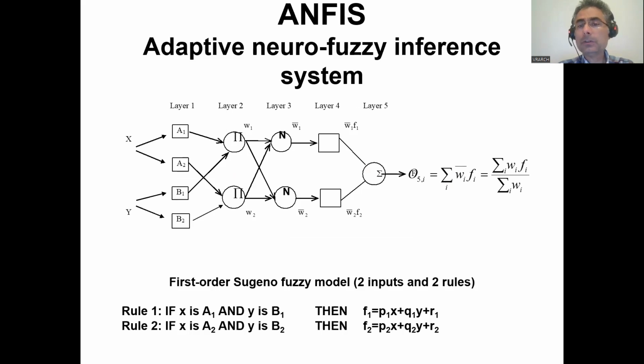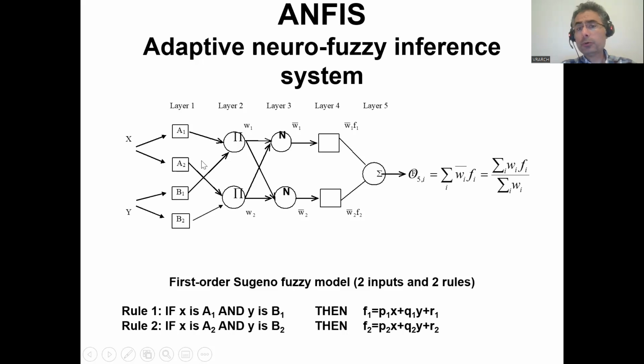For the sake of illustration, we came up with two inputs and two rules. You have the data inputs, the variables X and Y. X has two fuzzy sets, and Y similarly has two, and in layer one, the values of X are fuzzified.